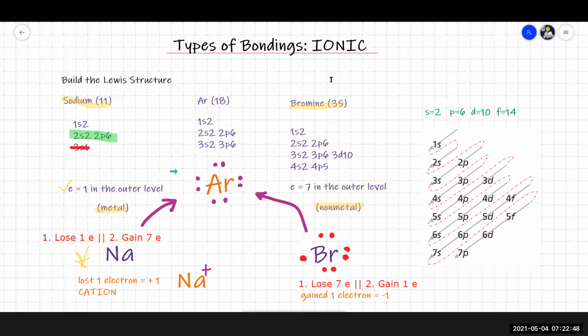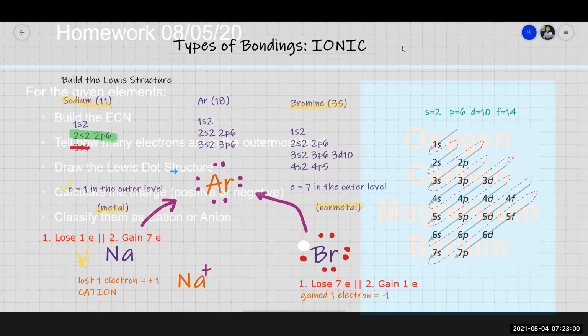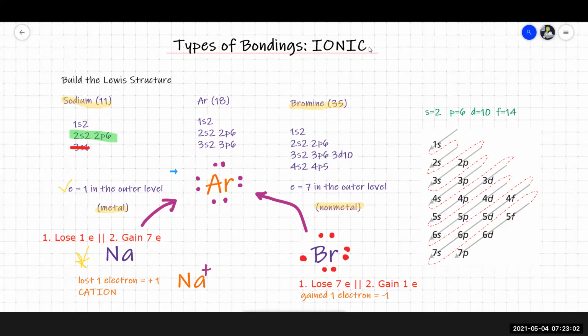So imagine that in your electron configuration for sodium, you get rid of your last electron.